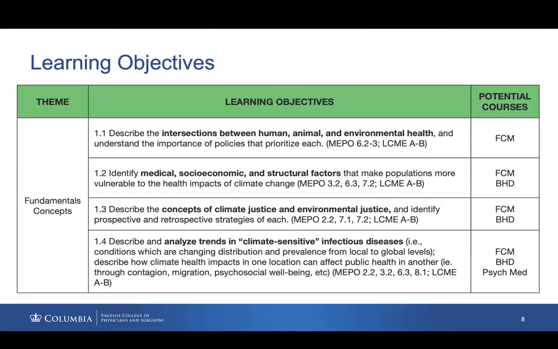So in this far right column, you see the abbreviations for the different course names throughout the Columbia curriculum. And we went even more granular to each course within these different phases and specified what we thought could be added to make sure that we had an equal distribution throughout the curriculum.